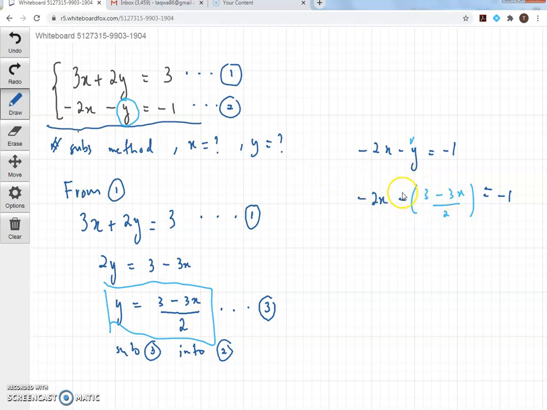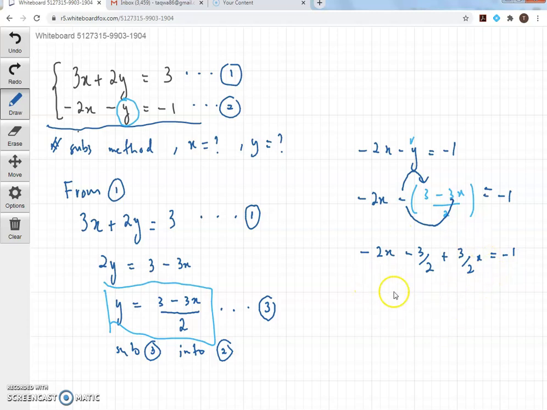So in order to deal with that, you need to multiply both of these values into that part. So you are going to get negative 2x minus 3 over 2. Because you still have the negative here, negative will become positive. So 3 over 2x equals negative 1.